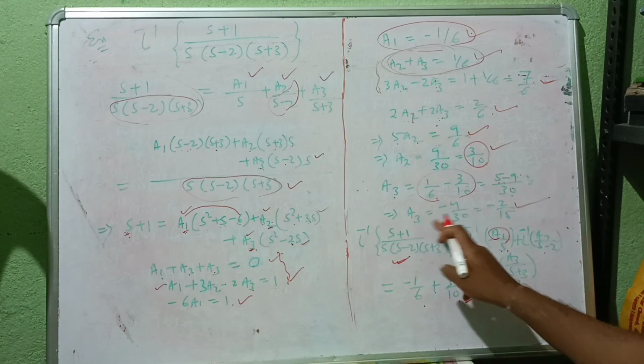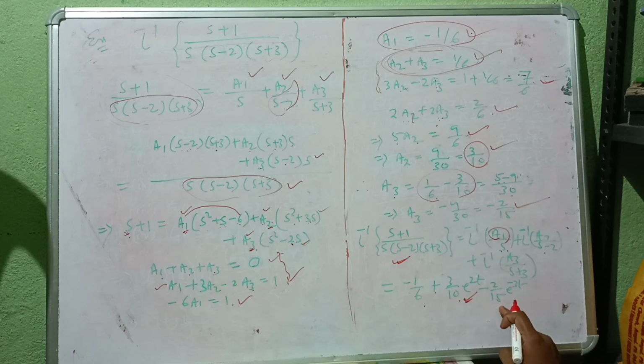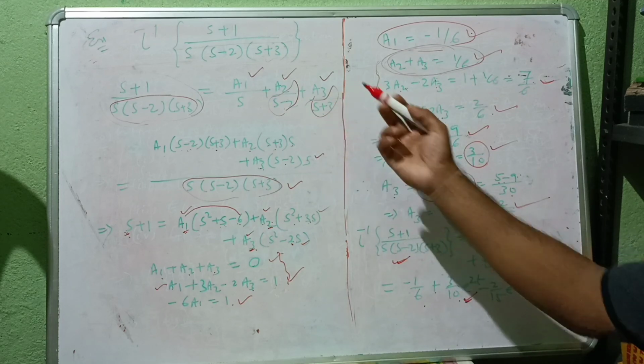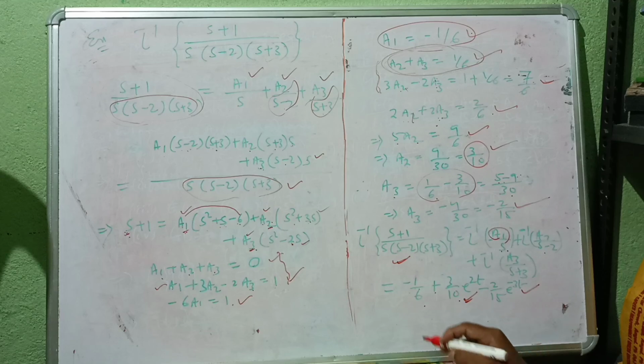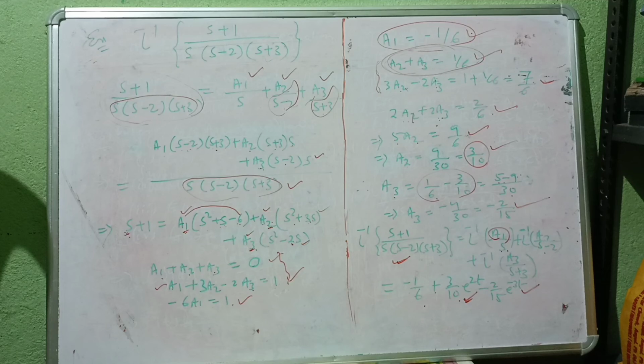Minus a3 means minus 2 by 15 into Laplace inverse of 1 by s plus 3. What is Laplace inverse of 1 by s plus 3? It is e to the power minus 3t. So the Laplace inverse of the bracketed term is minus 1 by 6 plus 3 by 10 e to the power 2t minus 2 by 15 e to the power minus 3t.